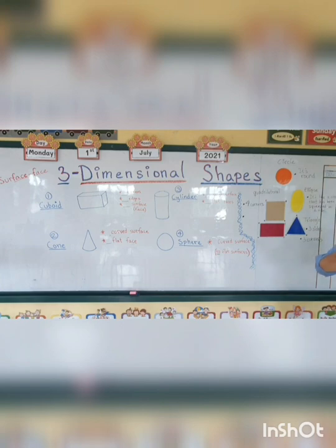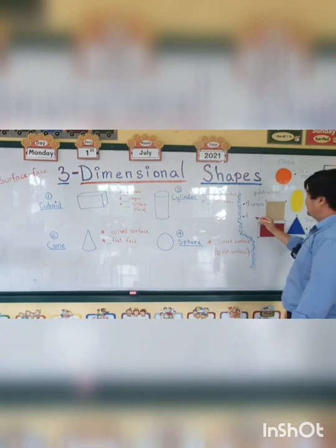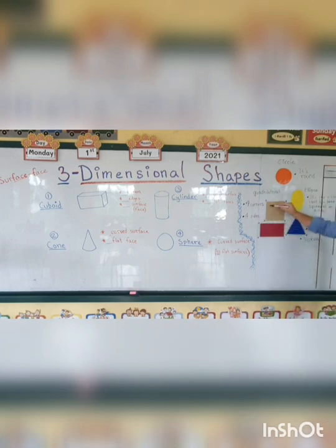What else? 4 sides? You are correct. They also have 4 sides. Let's count the sides. The square. 1, 2, 3, and 4. Yes. So the square fulfills all the criteria with 4 corners, 4 sides to be a quadrilateral.